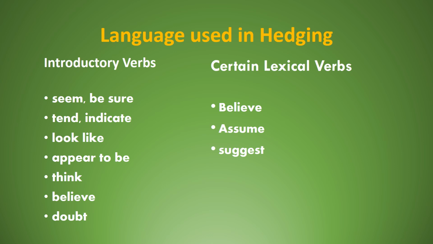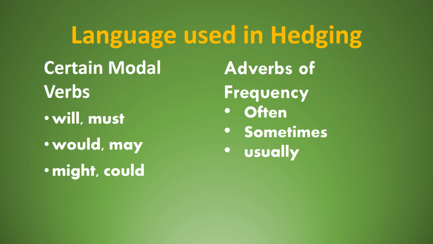And then we have certain lexical verbs like believe, assume, suggest. For example, in a sentence, "I believe that." So you are making a strong stance that this is your perspective. "I assume that," or "I suggest that," something like that.